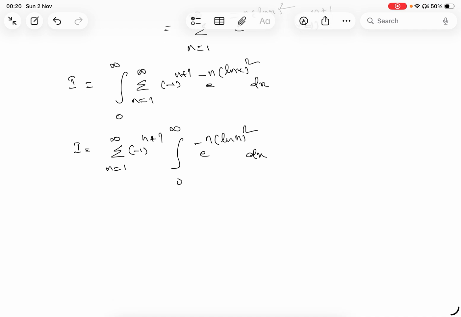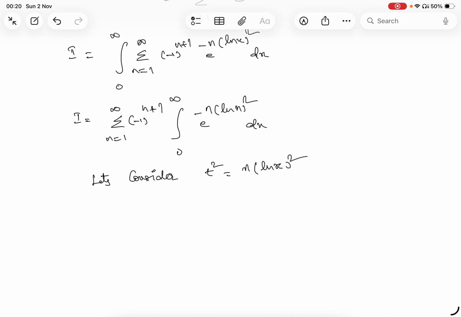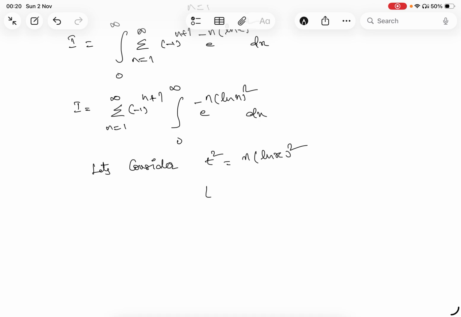So let's make some substitutions here. Let's consider t square equal to n into ln x whole square, right? Then t is root n, right, into ln x.